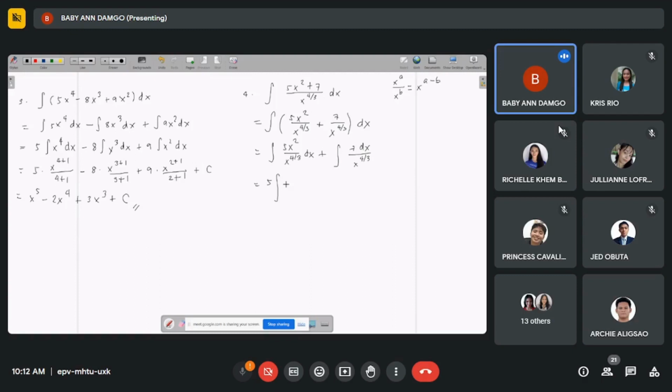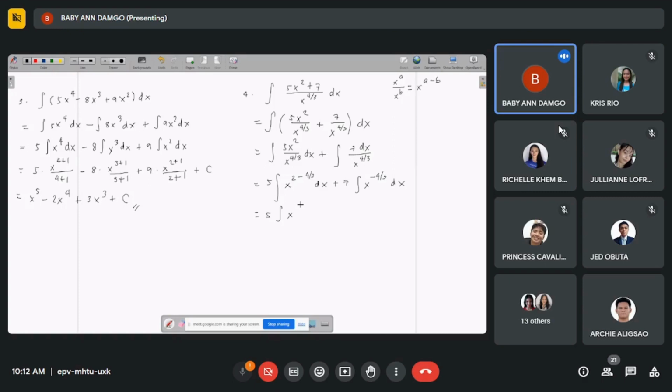Okay, so simplify. This is 5 integration of x to the power of, so this is 6 over 3, so we have 2 thirds dx plus 7 integration of x to the power of negative 4 over 3 dx.